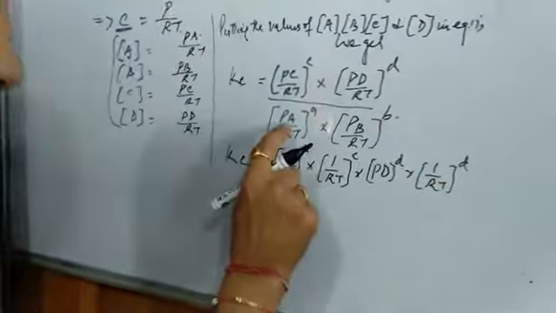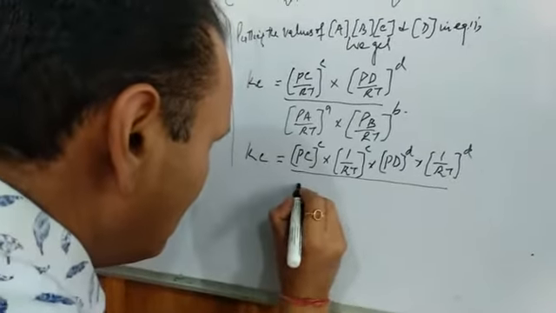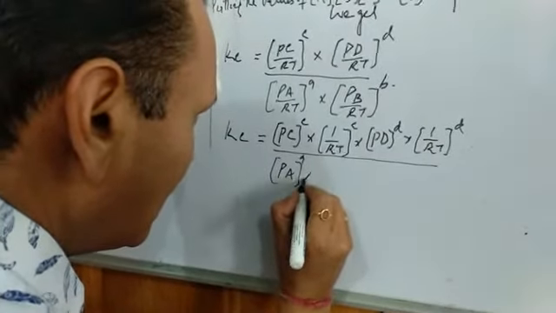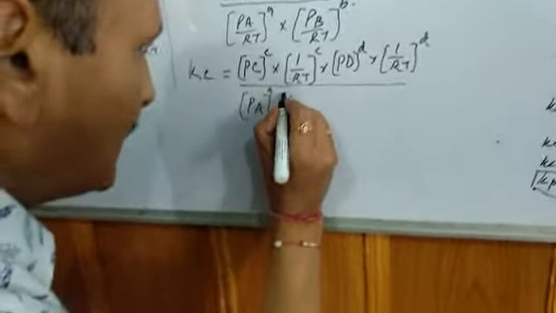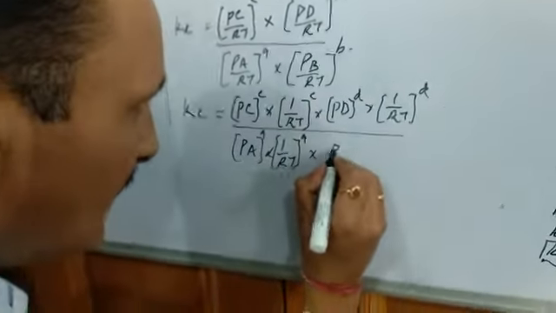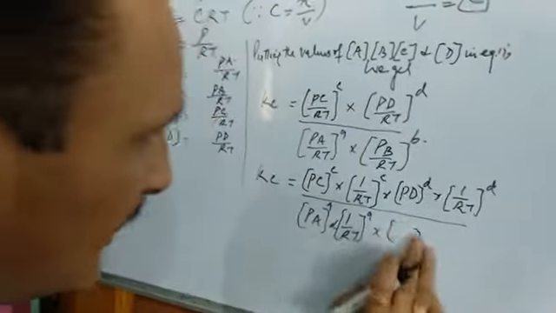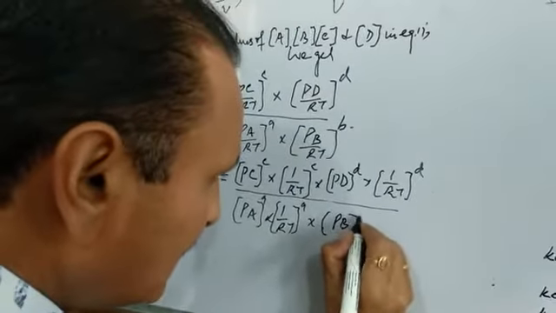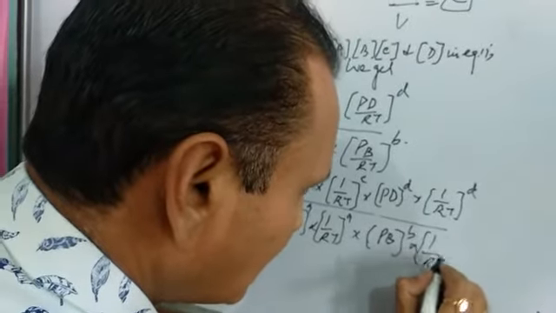Then we will do the same thing to the denominators, that is PA raised to power a into the reciprocal of RT raised to power a. Similarly, PB raised to power b into 1 by RT raised to power b.